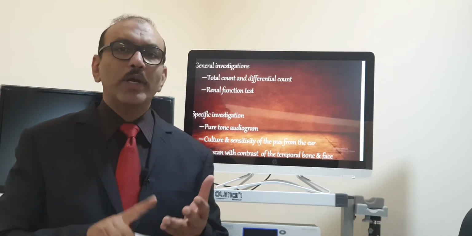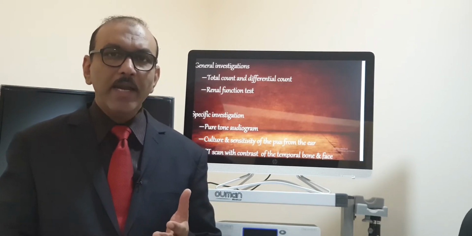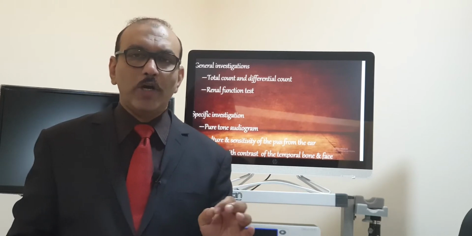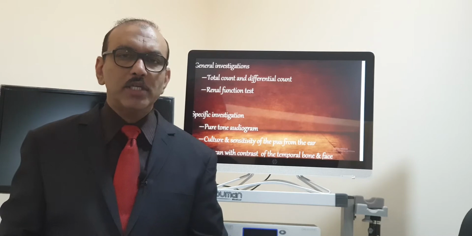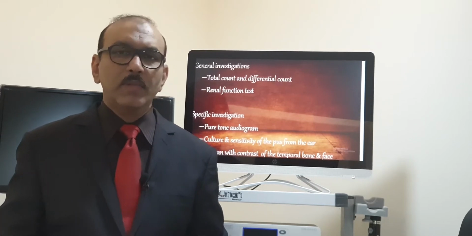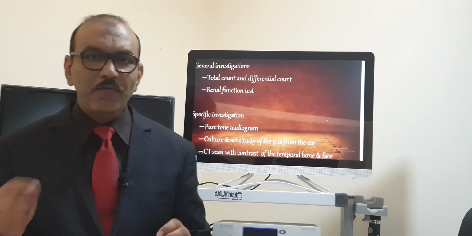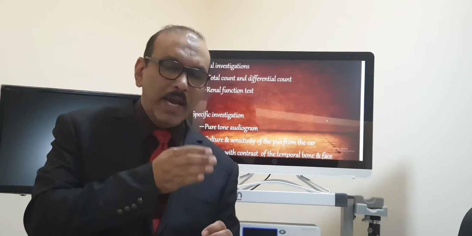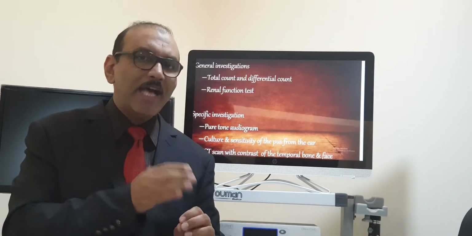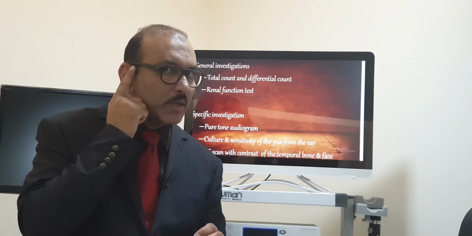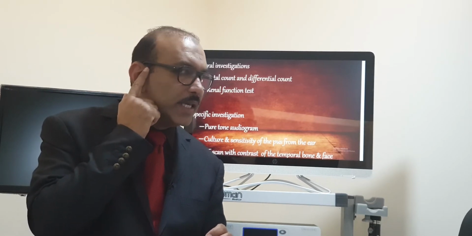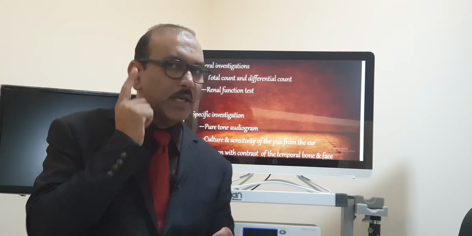Along with that, we have to do a renal function test, and the main imaging of choice will be a high resolution CT scan with contrast of the head and the face, and it will be reported as infection inside the eardrum as well as the mastoid bone, and there will be abscess collection in this area, that is above and in front of the pinna.